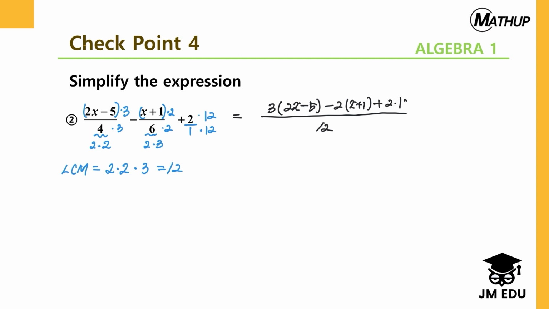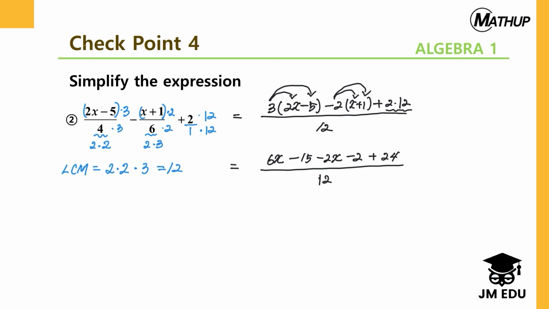So that is equal to 3 times 2x, that's 6x. 3 times negative 5, that's minus 15. Negative 2 times x, minus 2x. Negative 2 times a positive 1, minus 2. And 2 times 12 is 24. The denominator is 12, right?